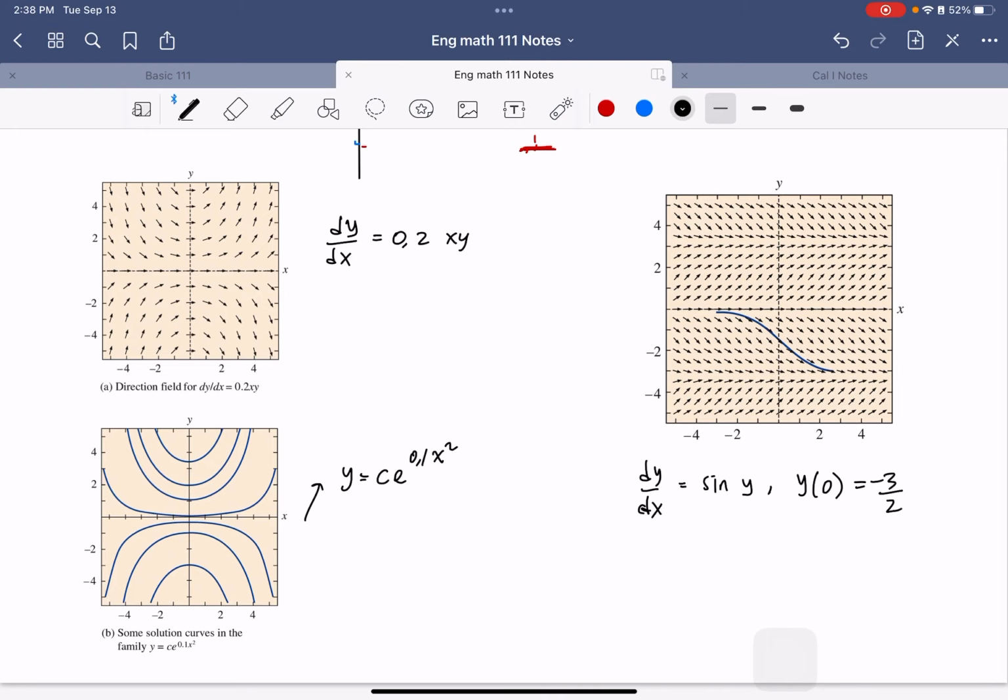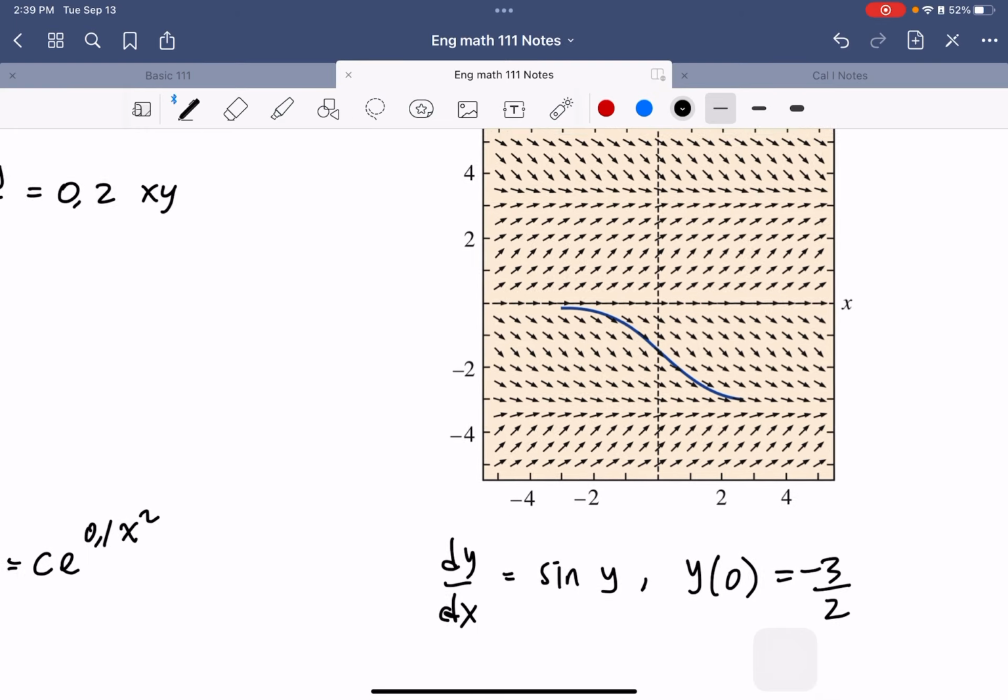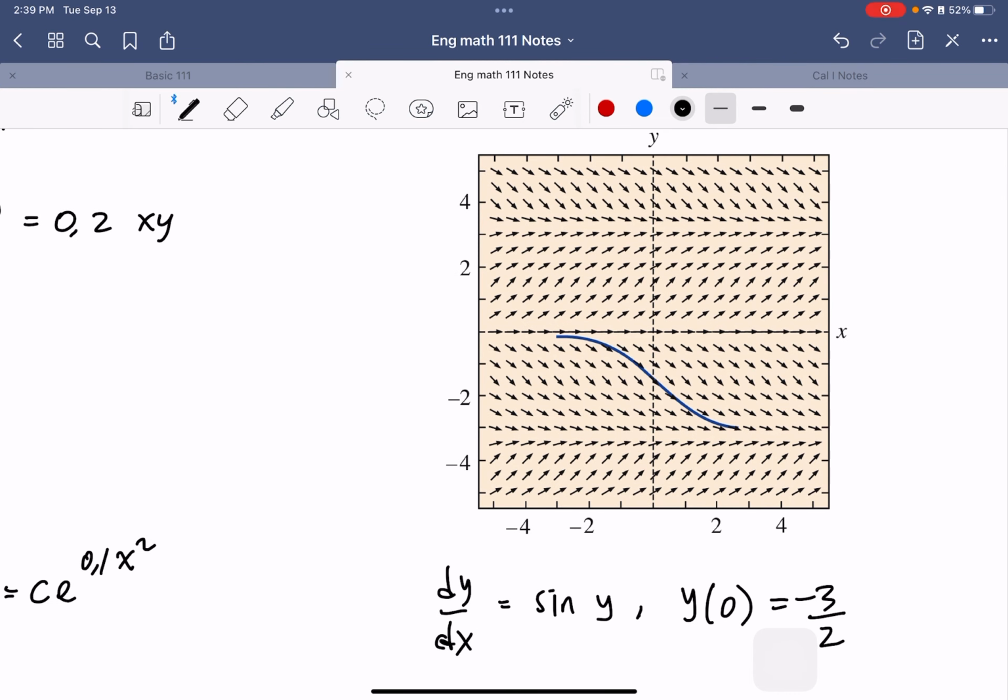Now I want you to look at this differential equation, dy over dx equals sine y. If we look from the left side and move to the right side, we see that it's the same thing, right? It's the same because when we look at the differential equation, it just has this y.